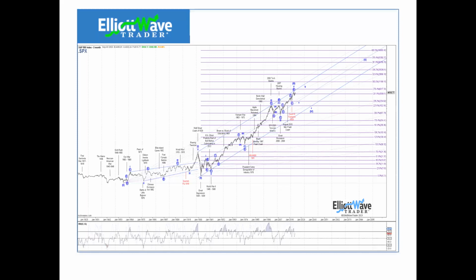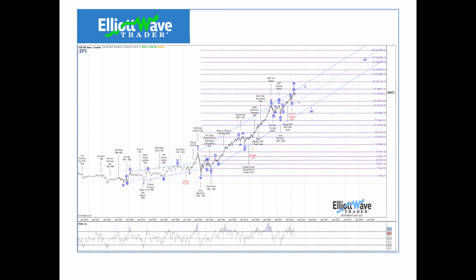And my expectation is we probably will enter into a very long and protracted 4th wave correction. Why do I think it will be long and protracted if the '29 market crash, which is the same wave degree type as the one I'm expecting, why do I think it's going to be much longer?